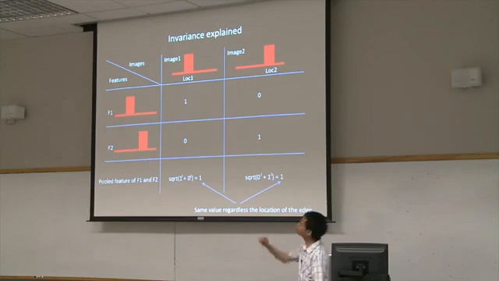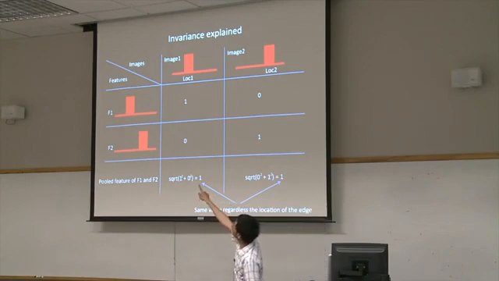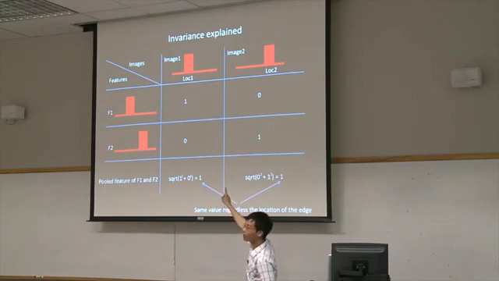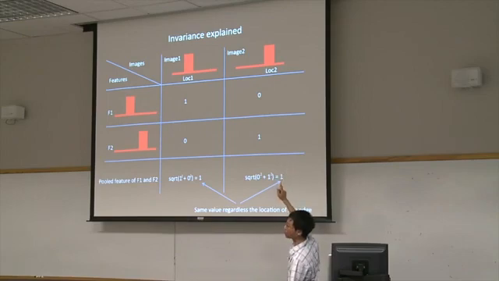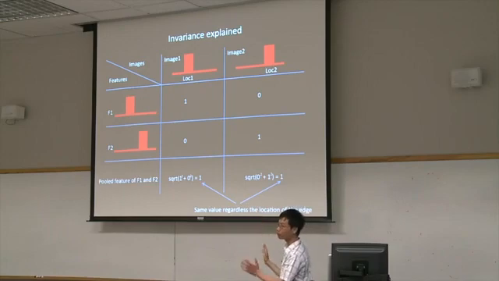If I use filter number 1, feature number 1, then feature number 1 can tell me whether there's an edge at location 1 or not. But it cannot tell me whether there's an edge at location 2 or not, unless you use convolution or something. But let's say we don't use convolution.